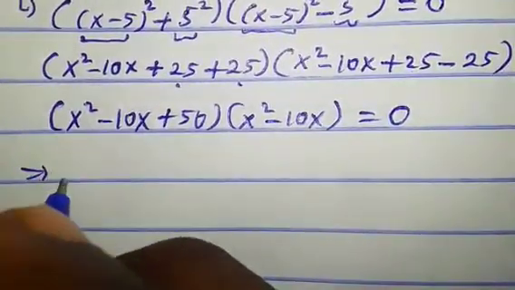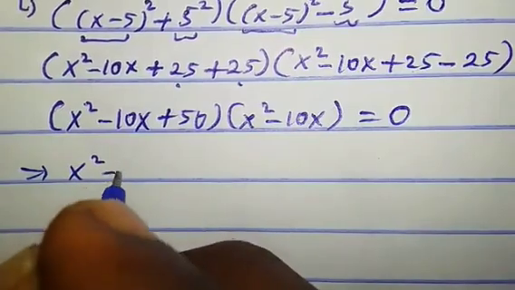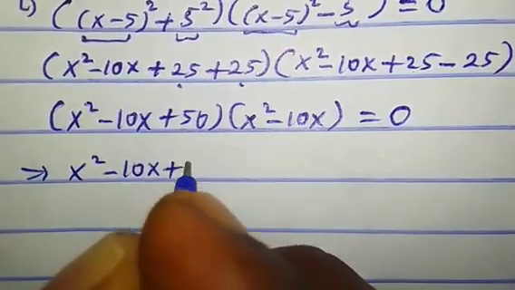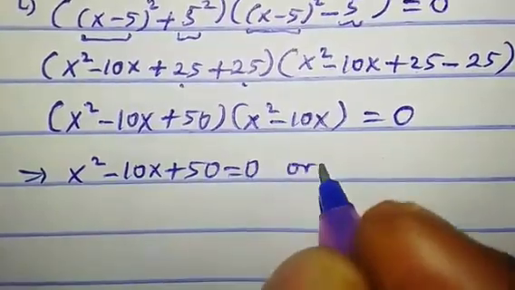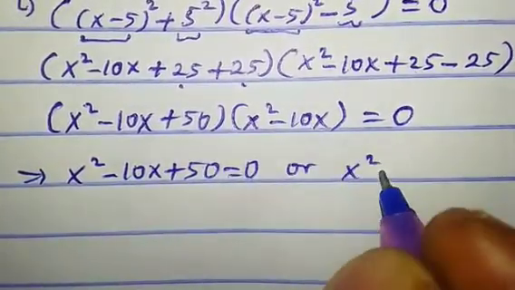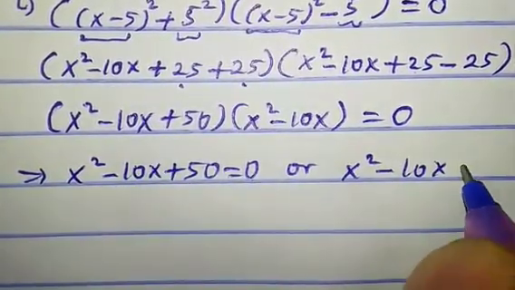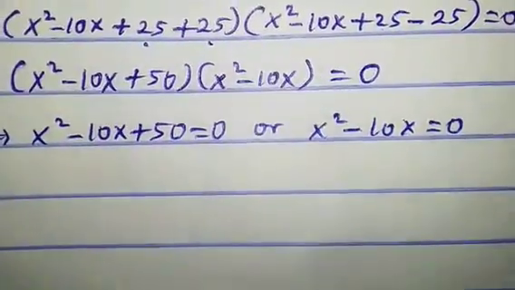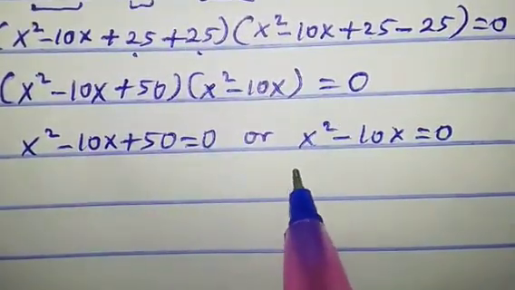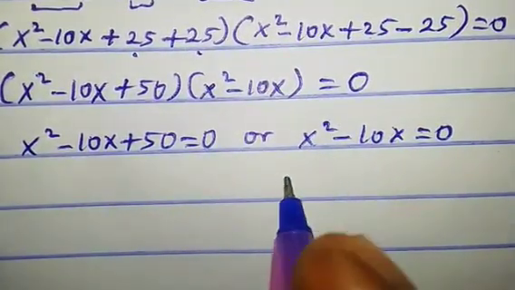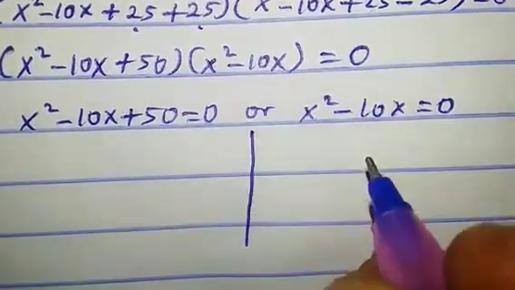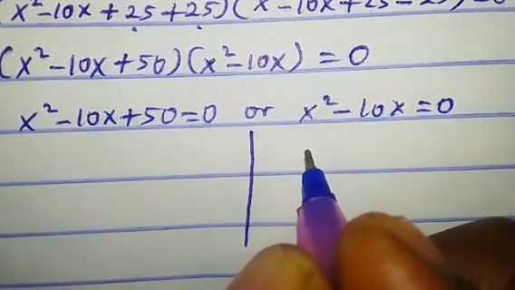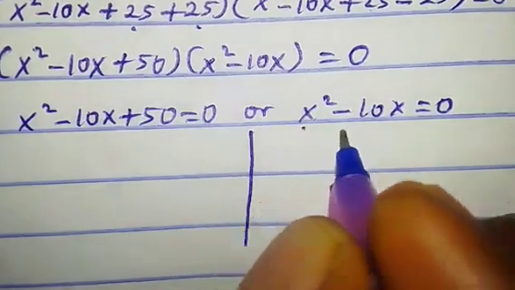This implies that x^2 − 10x + 50 is equal to 0, or x^2 − 10x is equal to 0. Let us focus on this equation first. Let's separate it. You will see that we can factor out x.